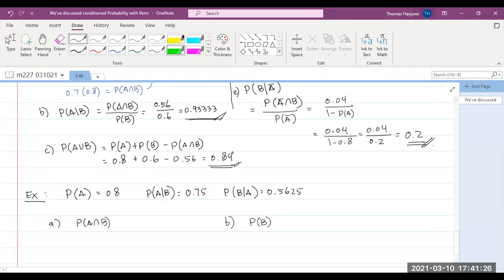You may want to rewrite this first using what the formula will look like, and this one also, and see which formula you are able to use first. 10 minutes for this. So we come back at 6 o'clock.